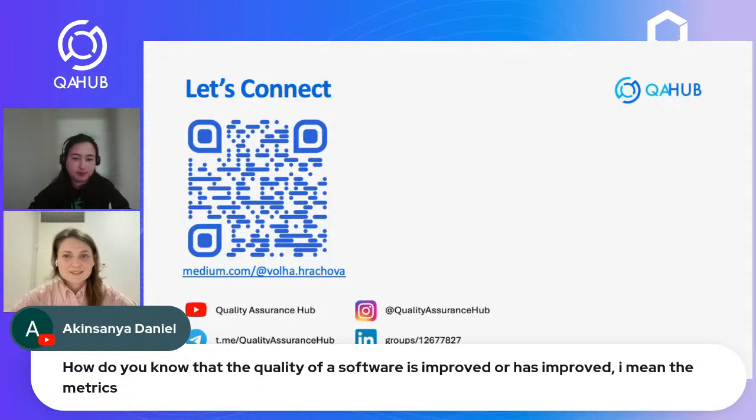I would say that you cannot improve something when you don't measure the situation beforehand. Like I said at the beginning, of course you can do some modifications, but you won't be able to understand whether it was worth it or not, whether it made a particular improvement or not.